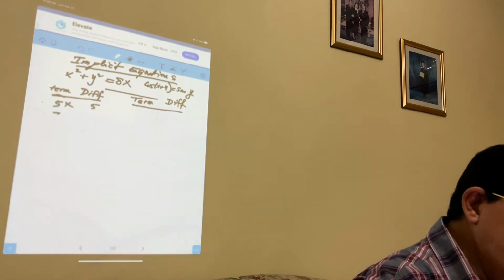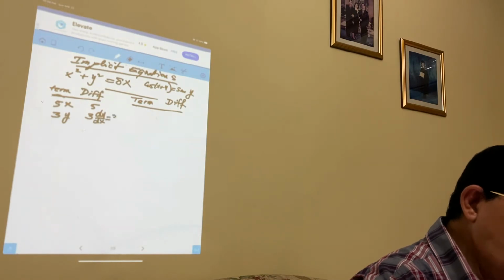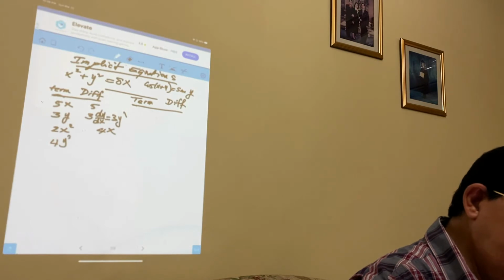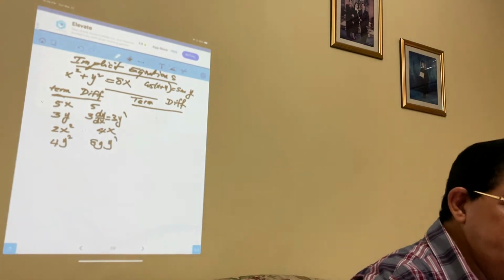If it is 3y, the differentiation is 3 dy by dx. We call it 3y dash. If we differentiate 2x squared we get 4x. If we differentiate 4y squared, we get 8y y dash.